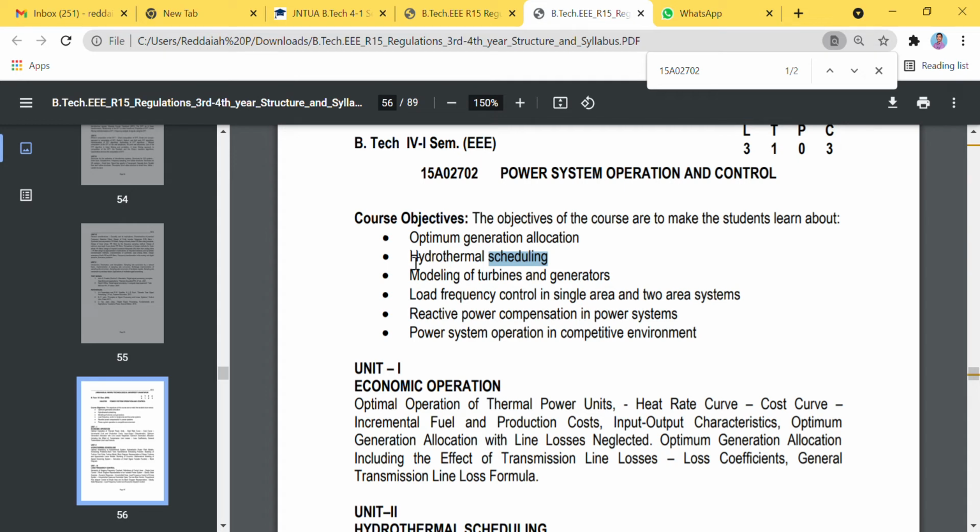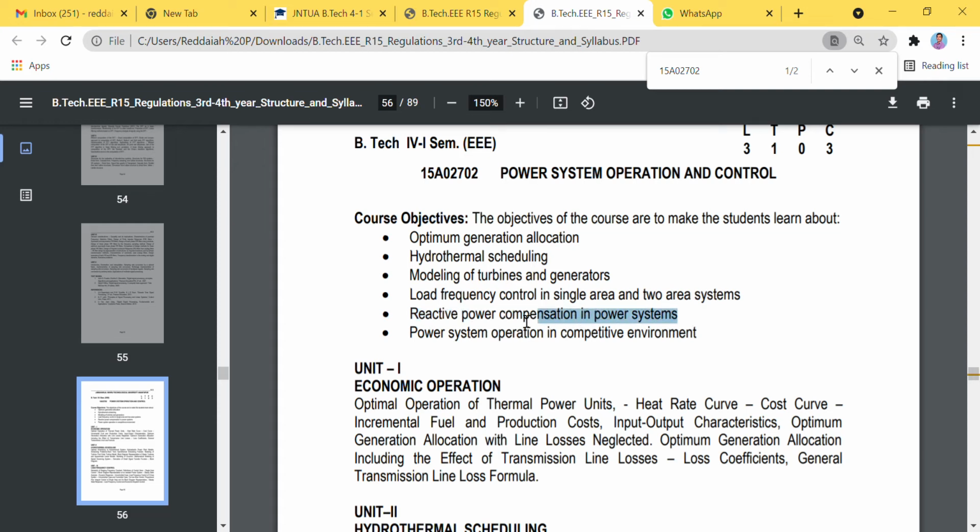How to control, how hydrothermal scheduling will happen, all this will be there, and modeling of turbines and generators, load frequency control, LFC control in single area and two area systems, and reactive power compensation in power system.